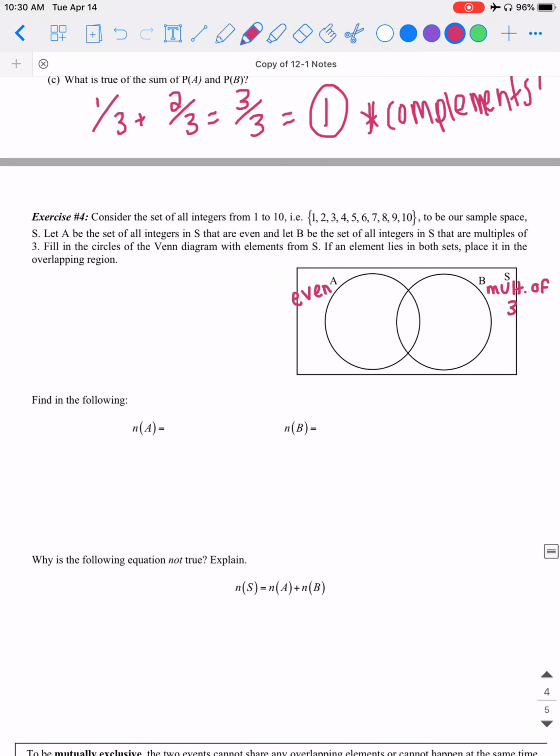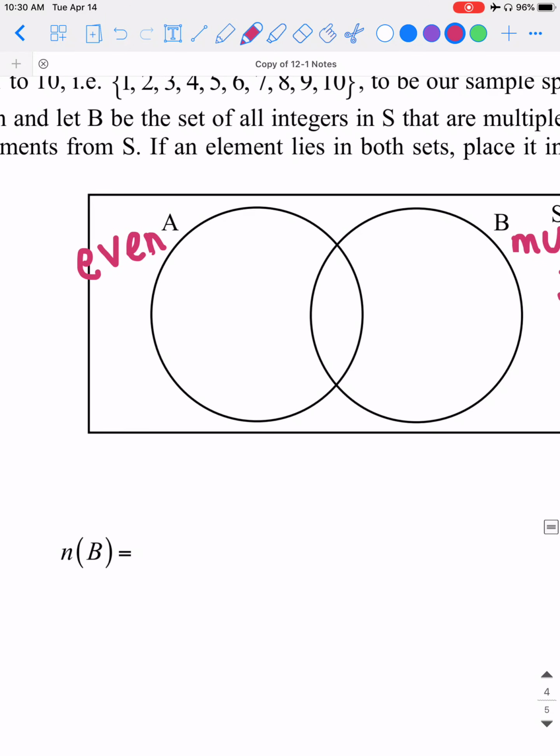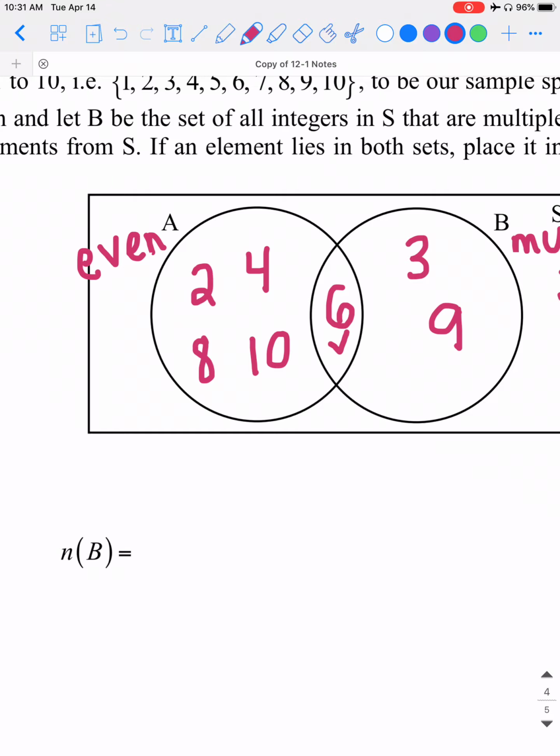So we can first start by filling in our Venn diagram. So in A, our even numbers are going to be 2, 4. Now 6 is an even number that's also a multiple of 3, so we could put that in the overlapping region since the two sets share that. And then we have 8 and 10. And our multiples of 3 are 3, 6 we already took care of, and 9.